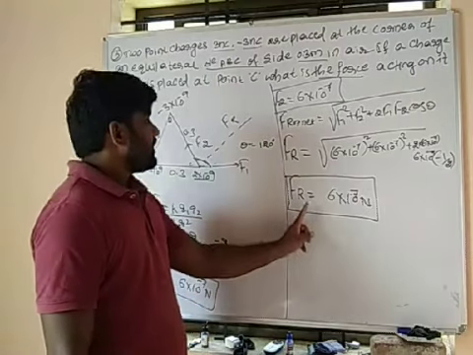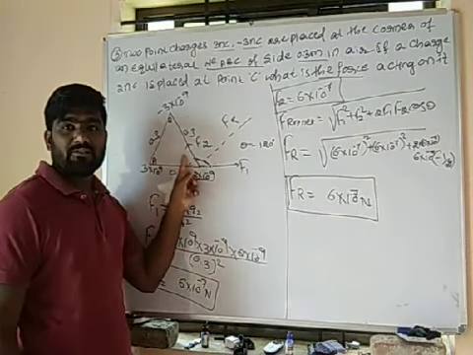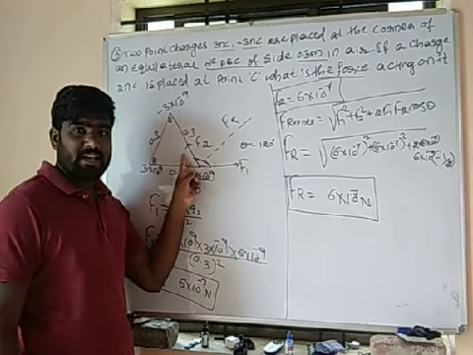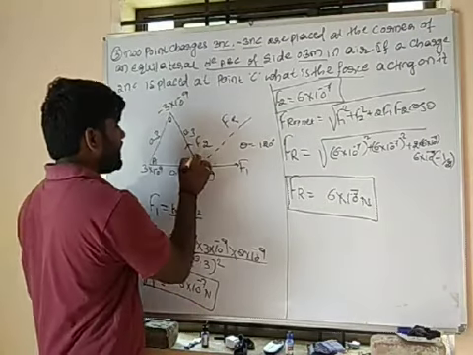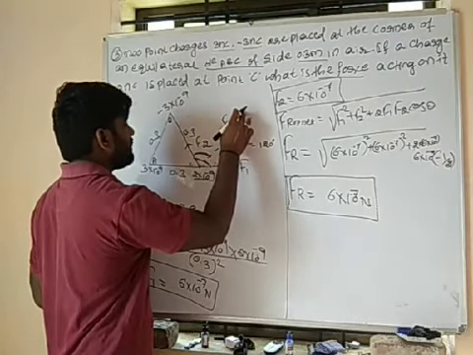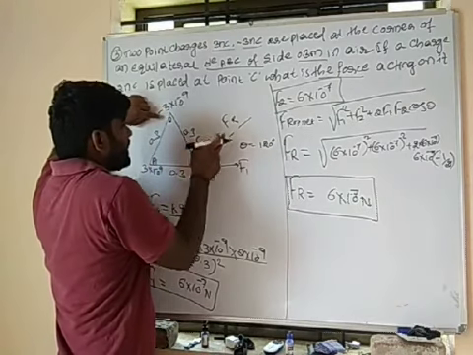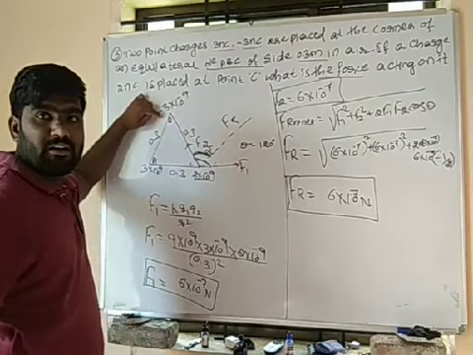Okay? Resultant means what? At point C I have calculated the force. So find the angle between F resultant and F1. Okay. If I want to calculate the angle, I am taking this angle as alpha.